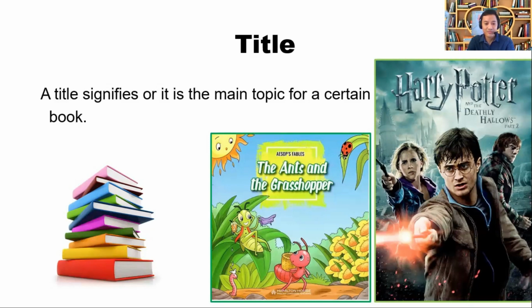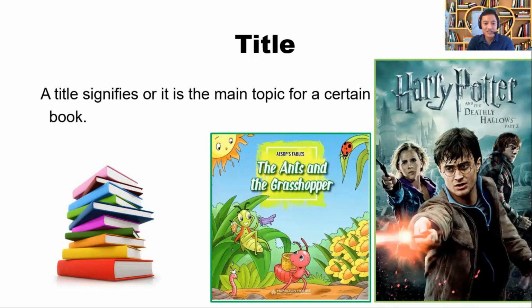As I have shown to you the two kinds of book, the two storybooks titled The Ant and the Grasshopper, and the other one is Harry Potter and the Deathly Hallows.